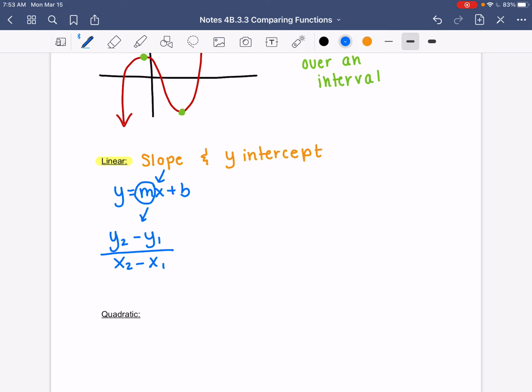When you're trying to find your y-intercept, if it's the equation y equals mx plus b, your y-intercept is just this part, b. If it's in standard form or you're looking at a graph, you can just plug in x equals 0 and solve.